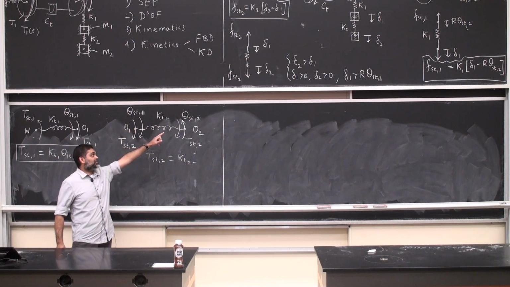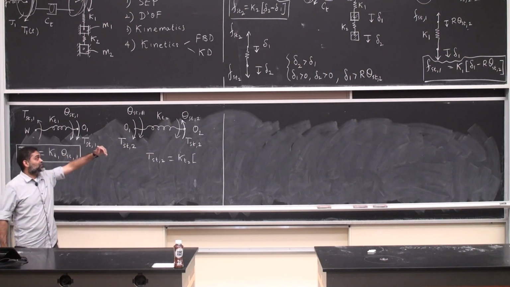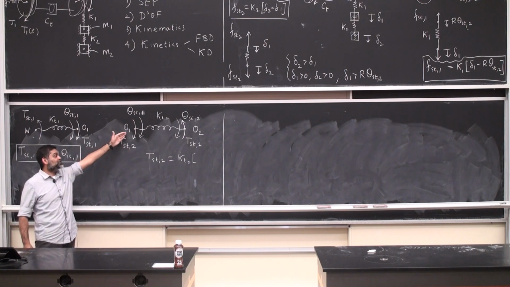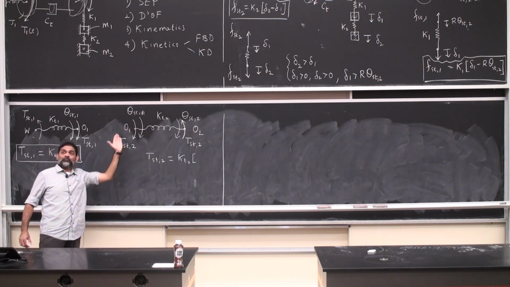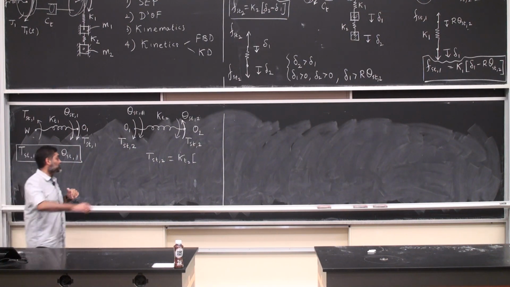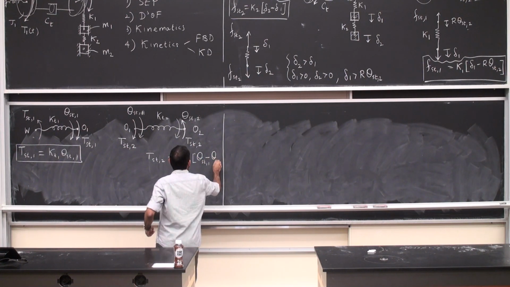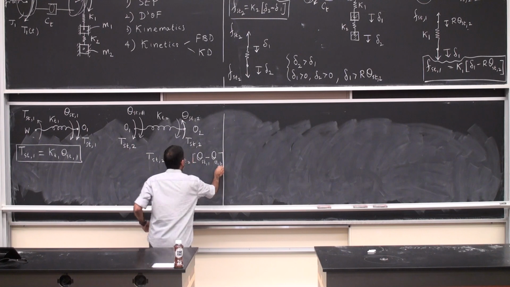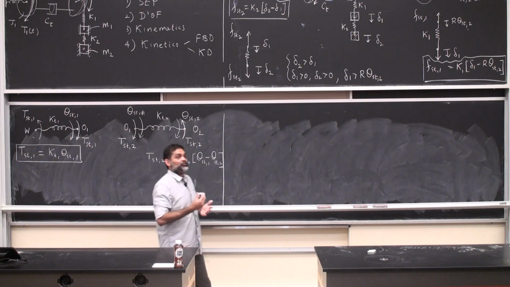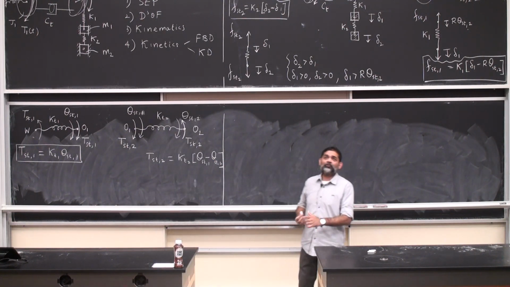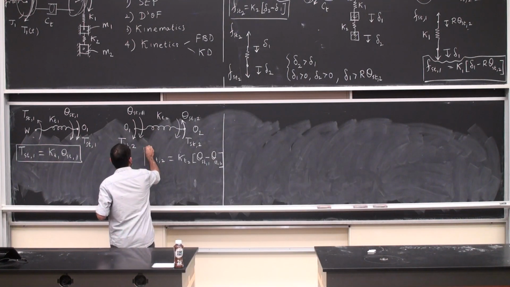Theta static 1, theta static 2 are in the same sense as drawn, which means that theta static 2 is actually helping me as I'm trying to twist this end of the spring. And so I have to subtract the effect of theta static 2 when I'm calculating the torque at T1, at the other end O1. In my lecture notes that I posted last class, I have a detailed explanation of this logic. If you still have questions, happy to answer them at the end of class. So this is the second torque, static torque.